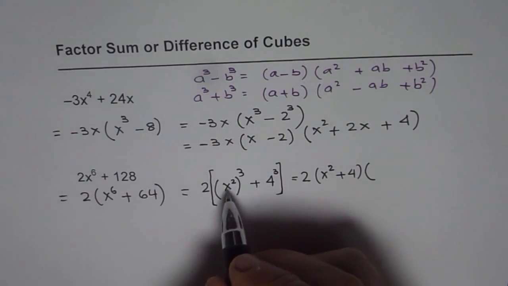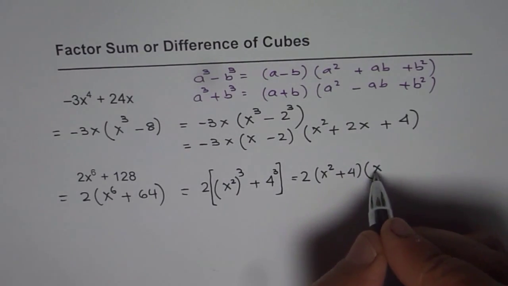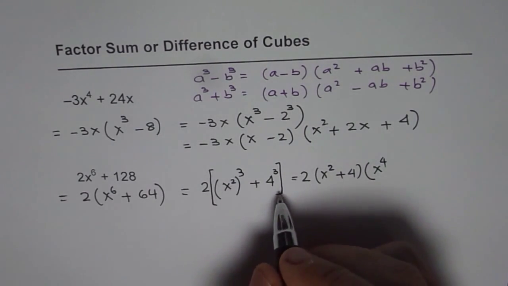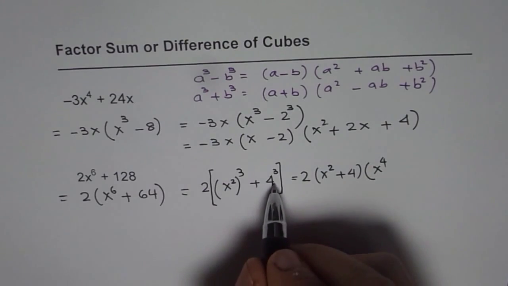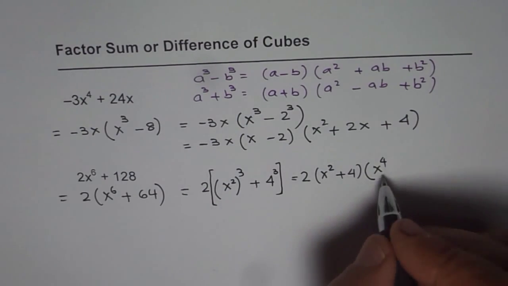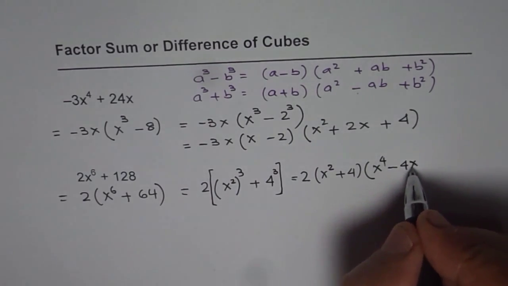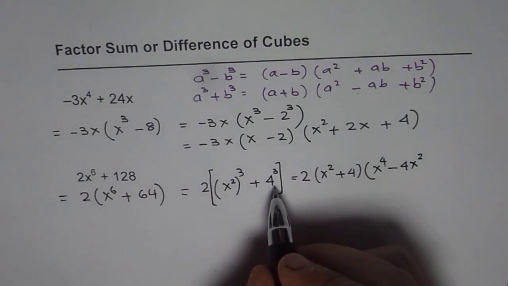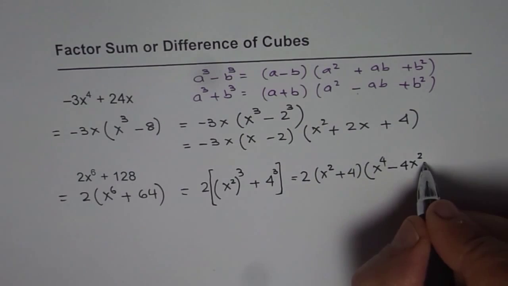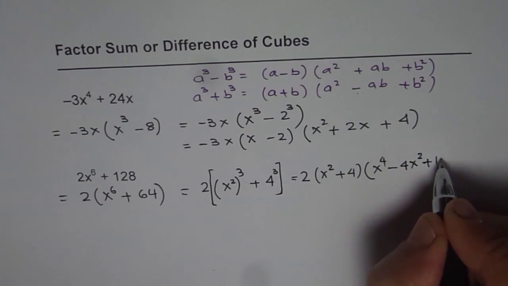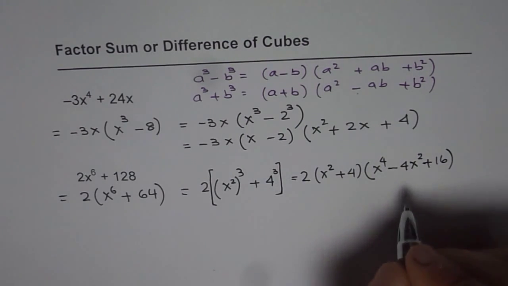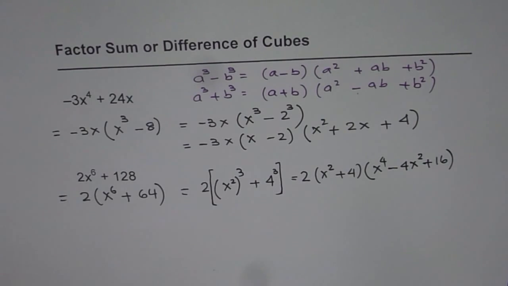So a square means x to the power of 4. For ab, you have to multiply these two, so 4x square, and we'll get minus this time, minus 4x square. And the last term will be the square of 4, which is 16. So we have plus 16. So that is what we are going to get.